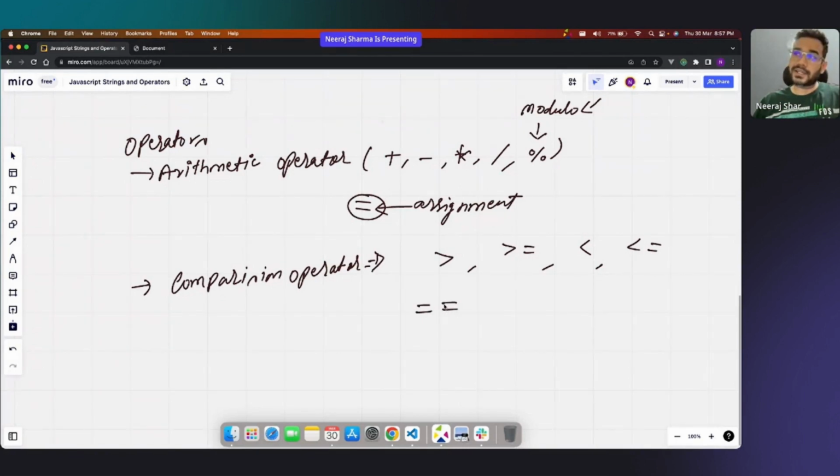When we use it like this, it is not an assignment. When you use a single equals, it is considered an assignment operator. However, if you use it twice, it becomes a comparison operator. Keep this in your mind.